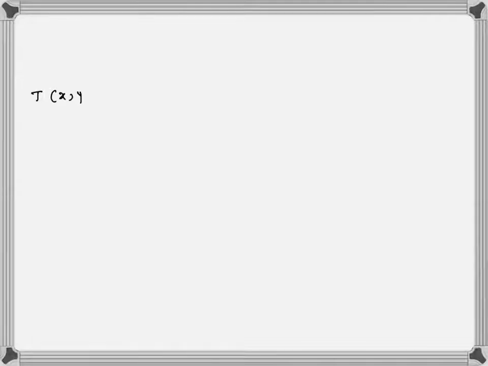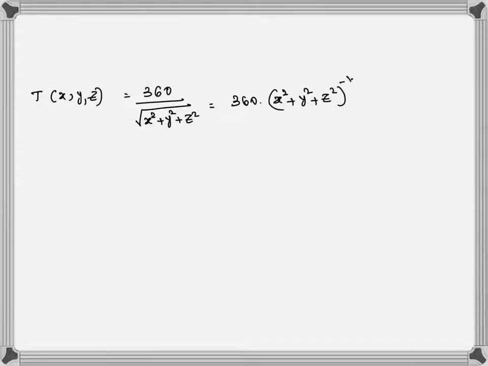So T at x, y, z, I will take from the previous slide, which is 360 divided by the square root of x squared plus y squared plus z squared. That is 360 times (x squared plus y squared plus z squared) to the power of -1/2. It's easy for us to differentiate if we keep the expression like this.